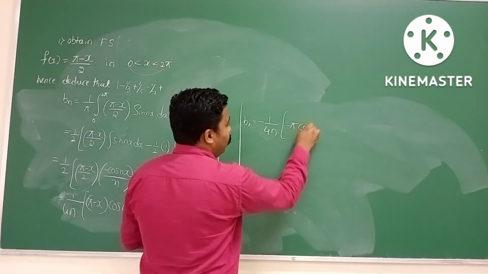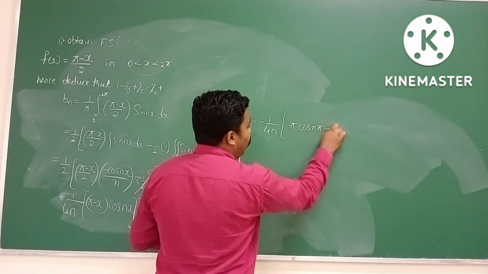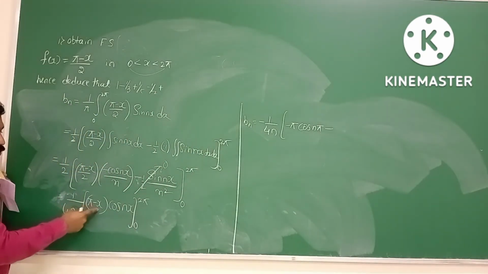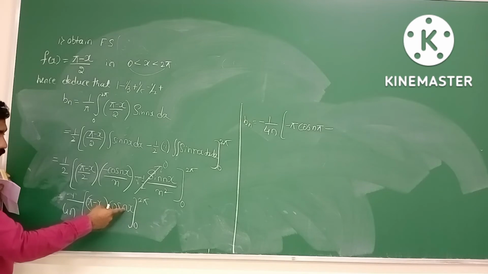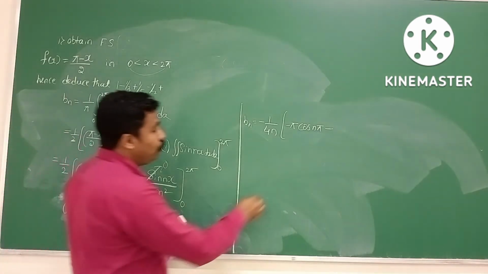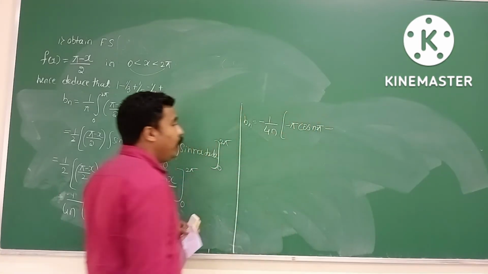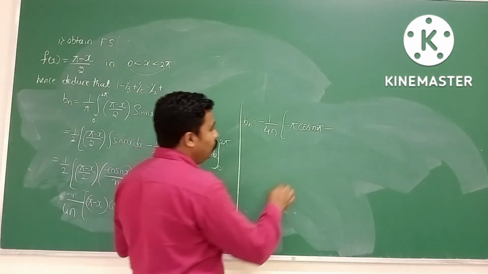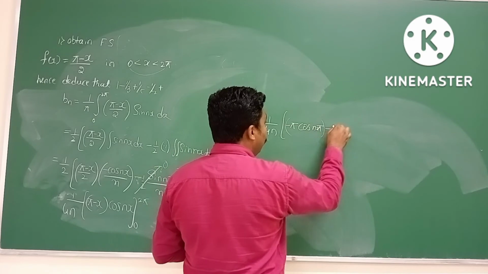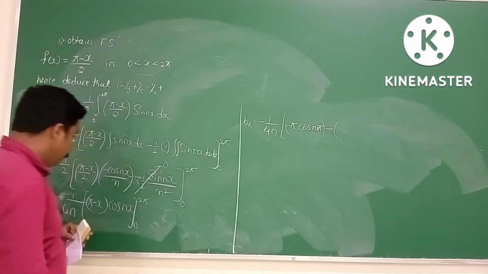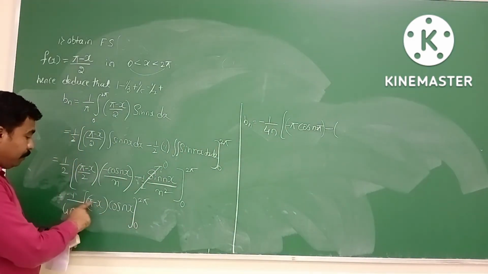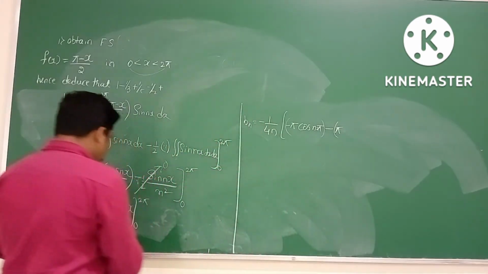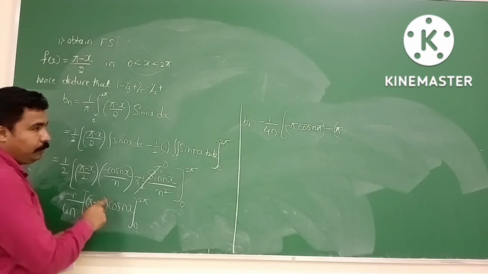Cos n pi, upper limit for the entire function: pi minus 2 pi into cos 2n pi, because x value is 2 pi, so I forgot to write 2 here, 2n pi. Minus lower limit. Lower limit is 0, pi minus 0 is what? Pi, and this is cos 0.